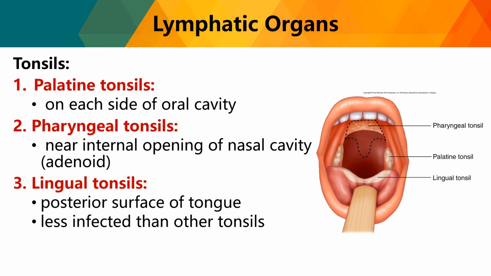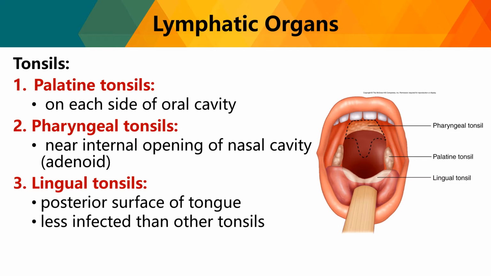The second one is the pharyngeal tonsil, which is located near the internal opening of the nasal cavity. When the pharyngeal tonsil is enlarged, it is commonly called an adenoid. When enlarged, it can interfere with normal breathing. Sometimes the palatine or pharyngeal tonsils become chronically infected and must be removed.